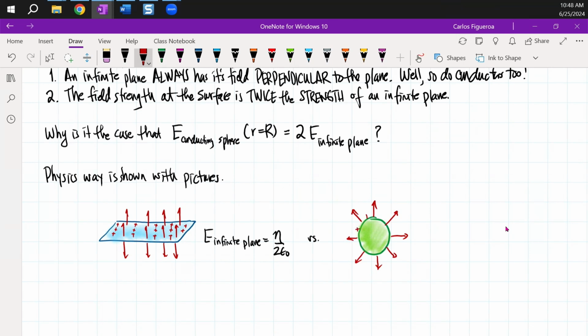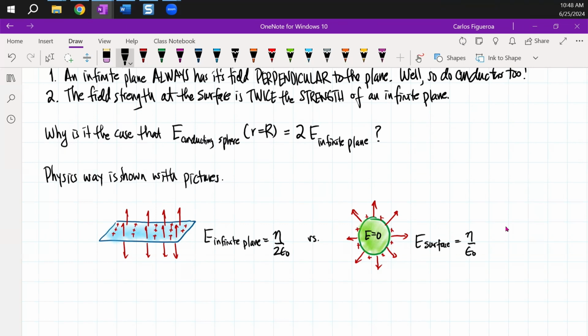And it's because all of the charges on the surface are creating that field like this. But we know that E here has to be equal to 0. So when I look at this surface field, I get eta over epsilon naught.